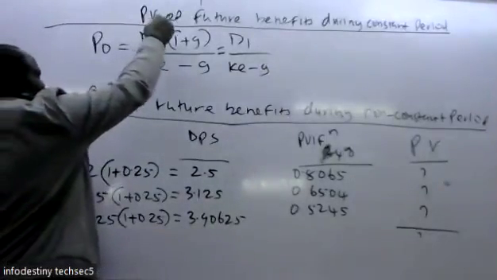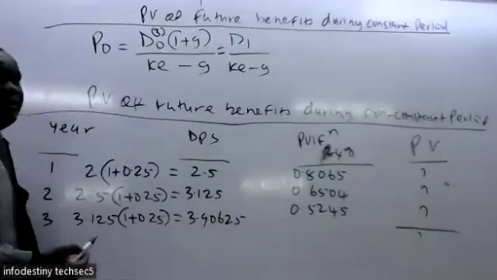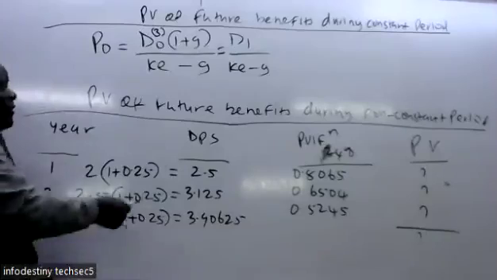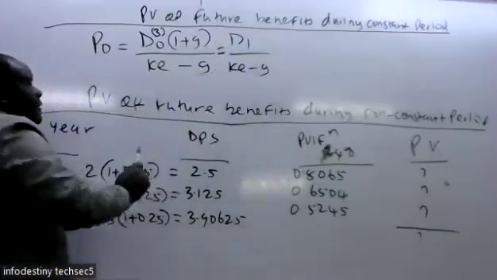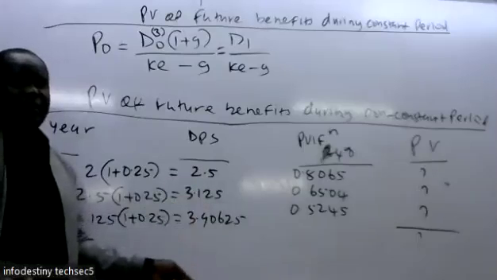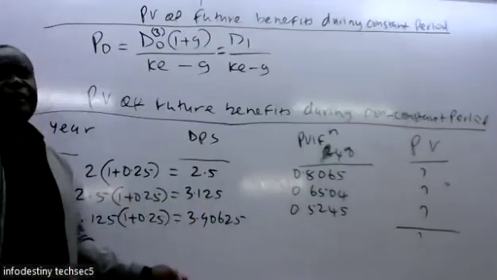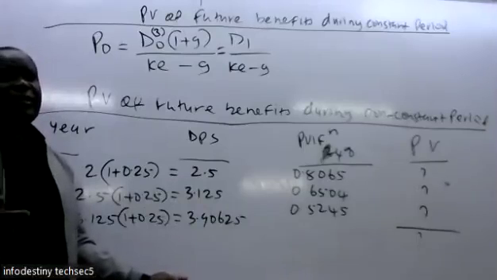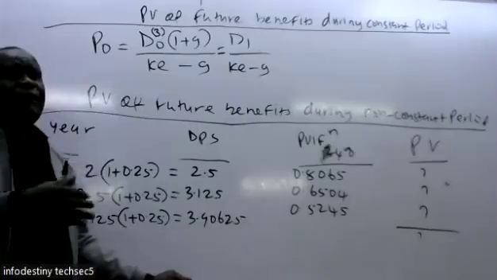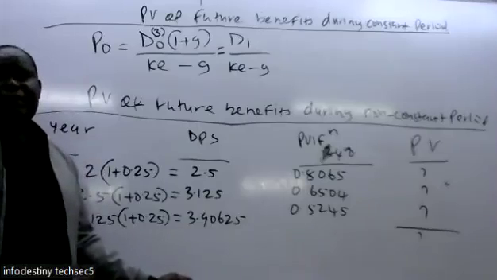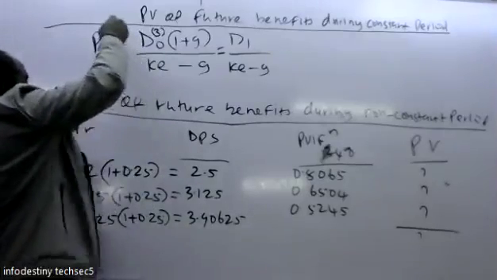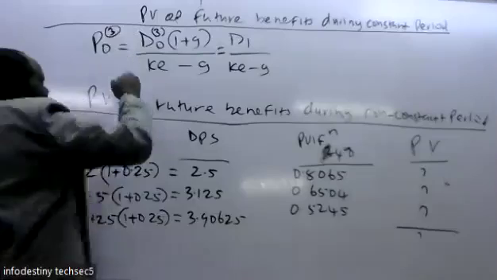The one that will now be year 4, our D1, is year 4, because the growth rate was 25% for the first 3 years, but thereafter it stabilized at the company's growth rate up to infinity. So starting from year 4 onwards, year 0 will now be year 3. So this P0 is also coming in year 3.